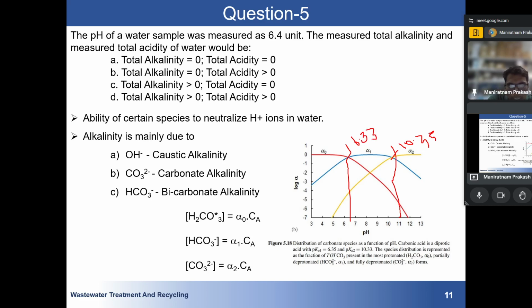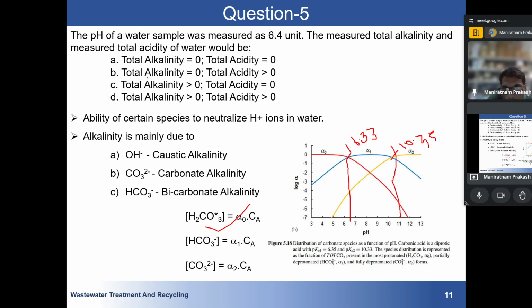So you can see that below this pH, this aqueous H2CO3, as this is a weak acid, not all H2CO3 will dissociate into H plus and HCO3 minus. Some will be in the form of H2CO3. So below this pH, this will be dominant. Between this and this pH, bicarbonate will be dominant, and at a pH greater than 10.35, carbonate will be dominant.